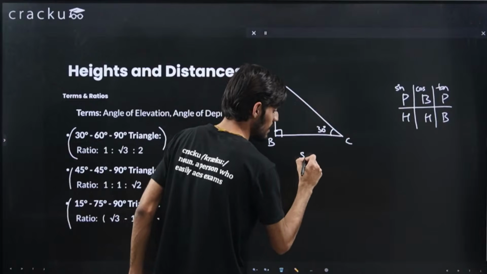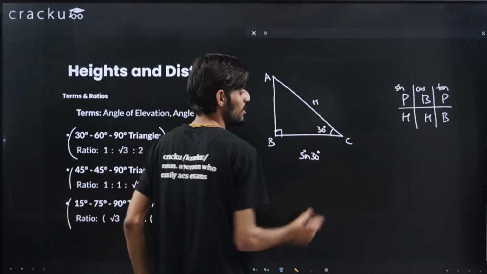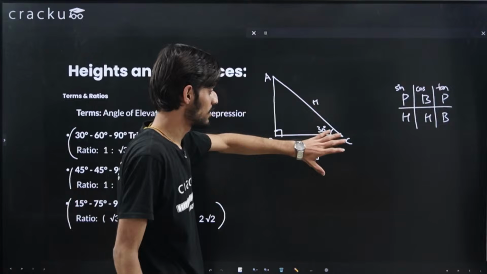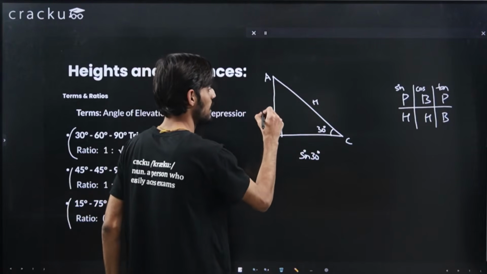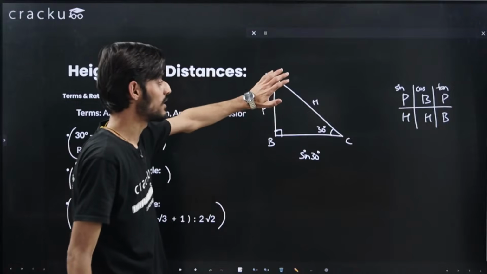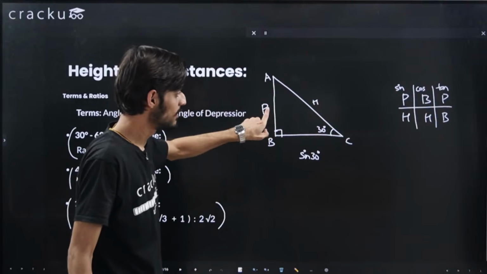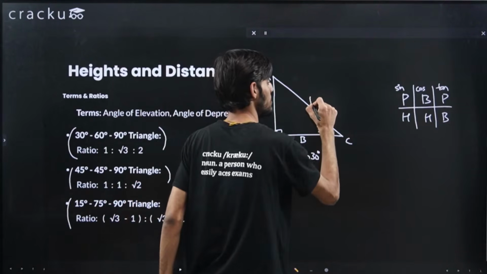So sine 30 will be, of course this will be hypotenuse, but because I am looking with respect to this particular angle, the perpendicular will be opposite to this angle. So this will be perpendicular. Like I told you, if I were looking from this angle, the perpendicular will be this. But because I am looking with respect to this angle, this will be perpendicular and the remaining side will be base. I hope this is clearly visible.